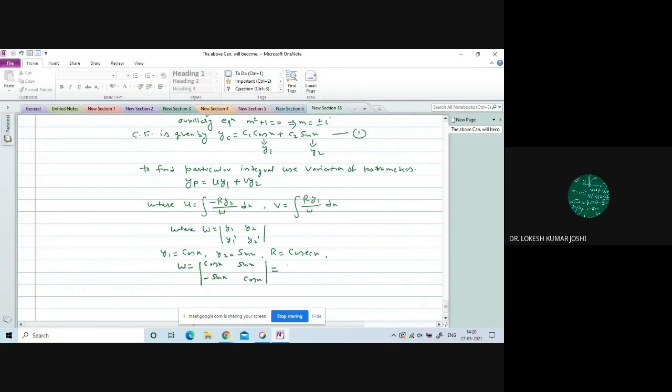If we solve this value, we get cos square x plus sin square x, we get 1. Therefore, w equals 1. Say it is equation number 2.